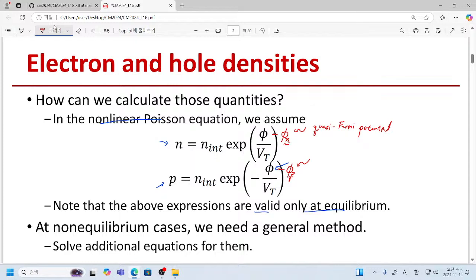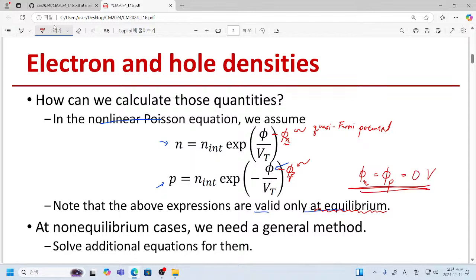In the equilibrium case we considered in the previous lecture, we were allowed to set these two values to just 0 volt.